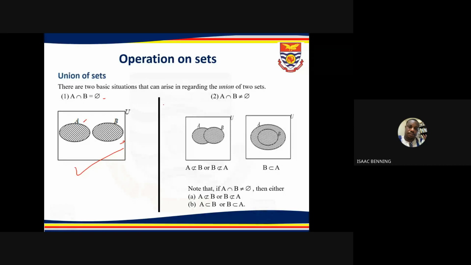Then there is also a scenario where the intersection of the 2 is not empty, like this one. In this diagram, you can see that all the members of B can be found in A. So B is a proper subset of A. These possible scenarios can occur anytime we are talking about union of sets.